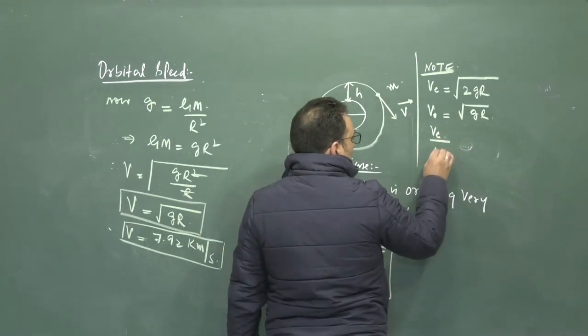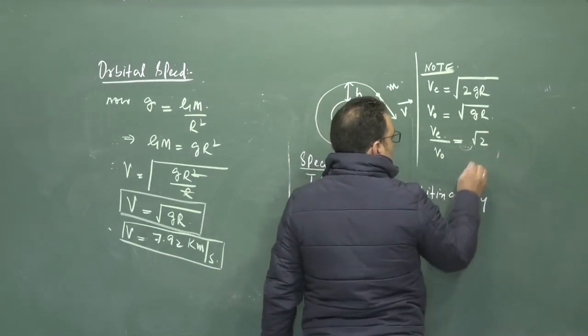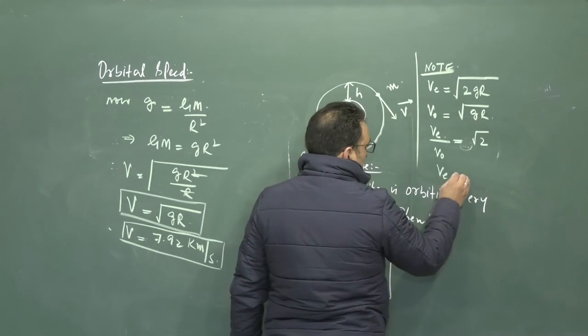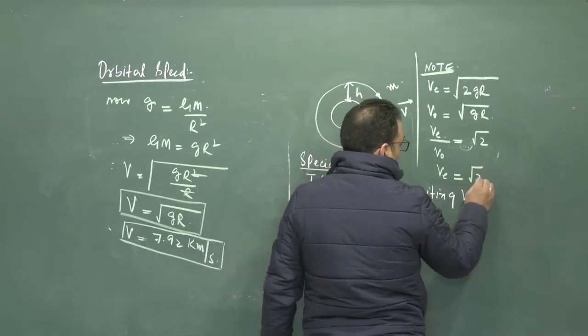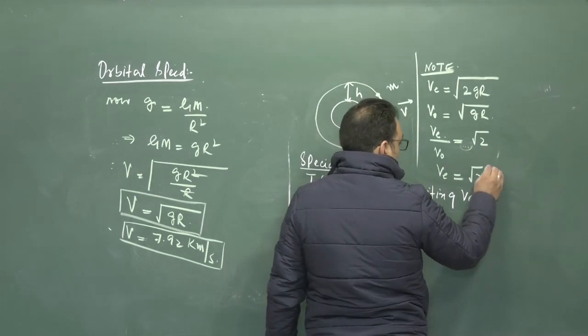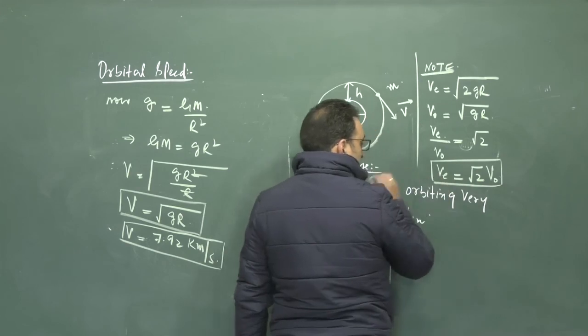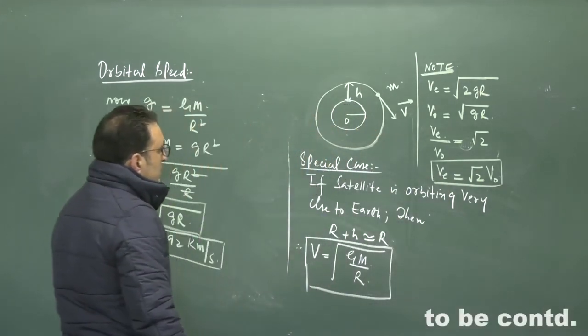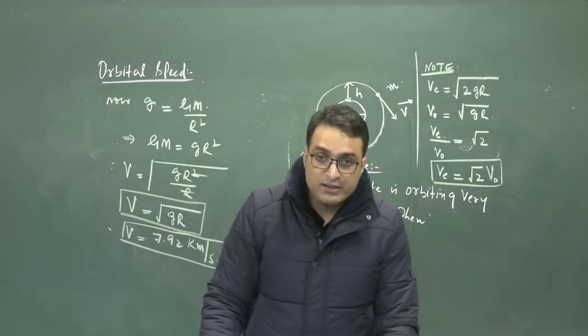Now, dividing these two equations, v escape by v orbital, we are left with root 2. So the escape speed is root 2 times the orbital speed. This equation is an important equation. Yes, this is all about today's lecture.